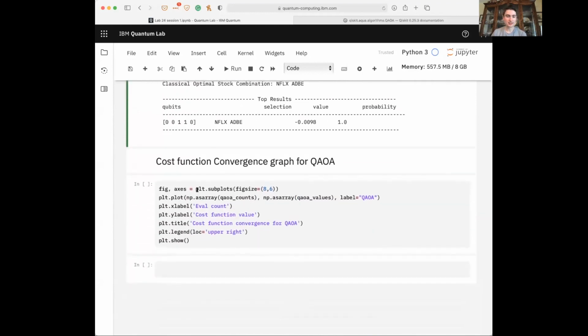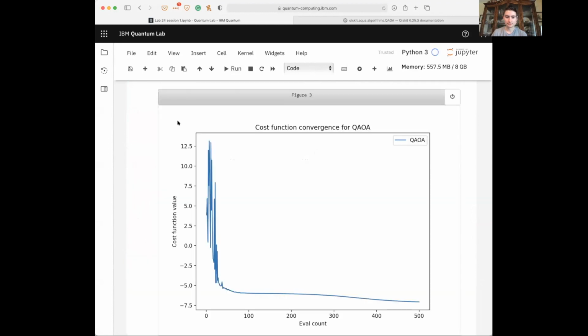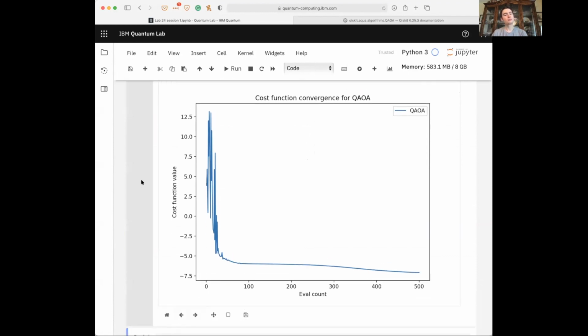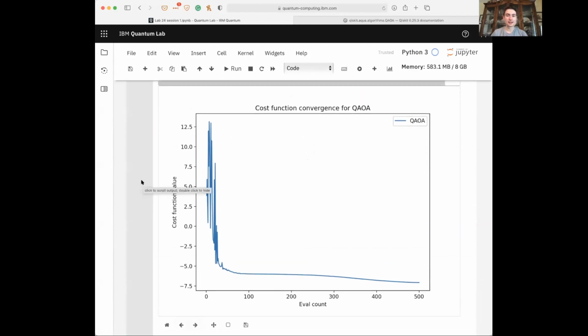I believe, yes, this is the final one, the cost function convergence graph for QAOA. So if I go ahead and run this, this looks like more matplotlib code, right? PLT, whatever. We go ahead and click run. We get a plot, okay? And this should look kind of similar, at least, to the plot that I drew as you were guessing my height, right?